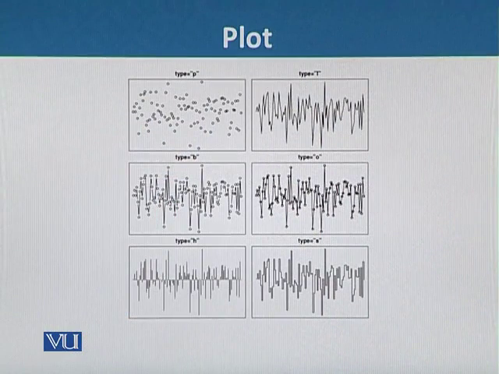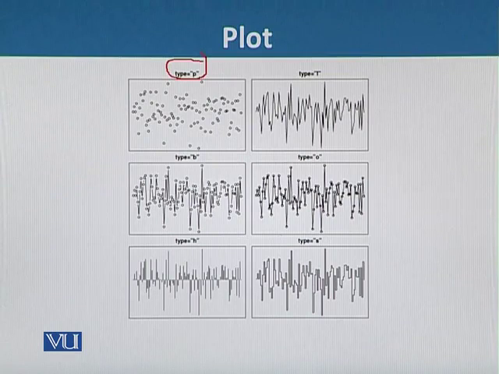So we can see here there are different types of plots, although the meaning of all the plots is identical. Here we can see type P. P means point. We can see different points in the scatter plot.